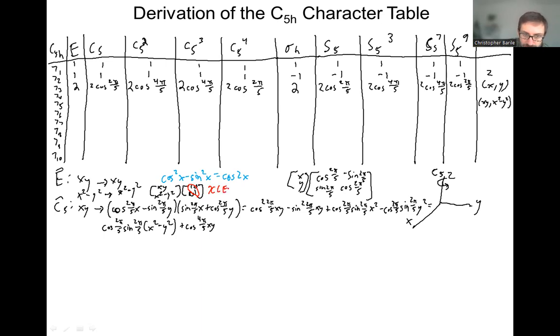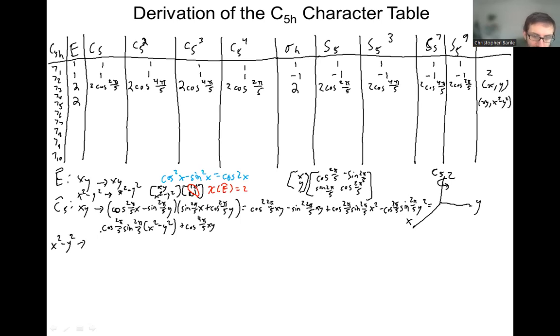And that tells us that the chi of the identity operation is going to be equal to 2. That's the dimensionality, we call it, and it describes how many functions transform together. So this is 2 functions transforming together. So we have character 2.